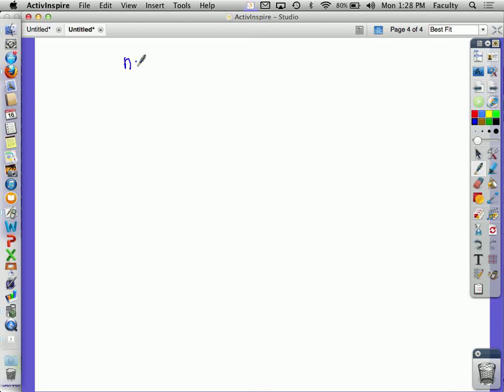A note before we compute the period length: if b is a number between 0 and 1, the period of y equals a sine bx, or y equals a cosine bx, I'm not going to write out both, is greater than 2 pi.